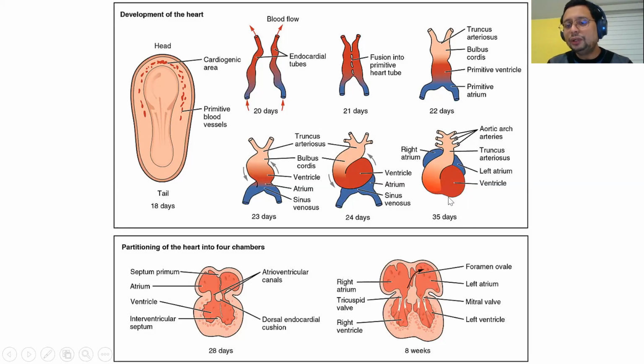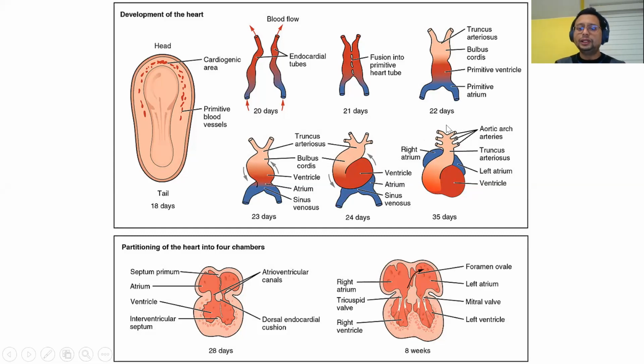This left ventricle will fuse together with this part of the bulbus cordis that becomes the right ventricle, and the bulbus cordis will also give rise to the left and right ventricular outflow tracts that then give rise to the pharyngeal arch artery here. This pharyngeal arch artery will then become your aorta and your pulmonary artery.